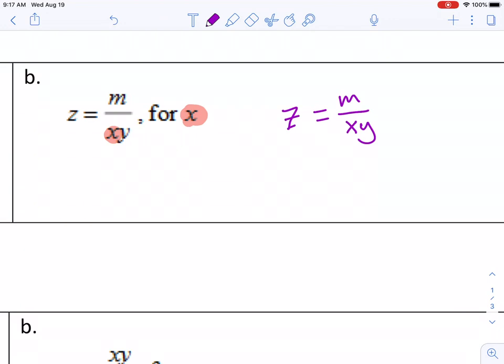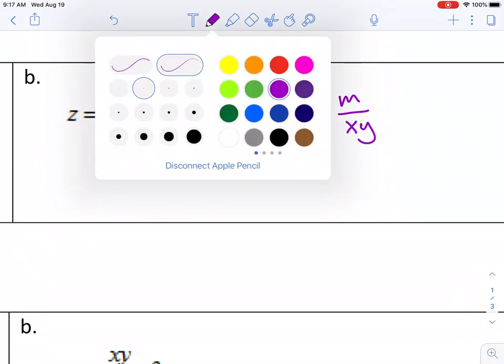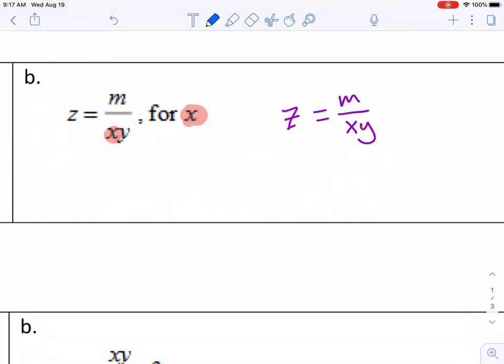Okay, so we're following the rules to solve equations, to manipulate this so that x can be by itself. So here's the deal. When I'm trying to get a number in the denominator isolated, I'm going to want to multiply that to both sides.